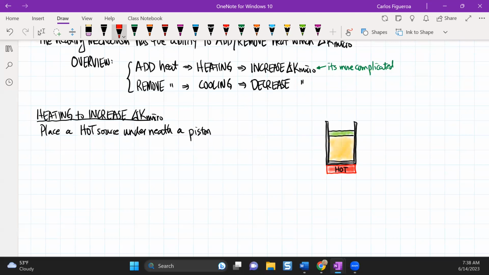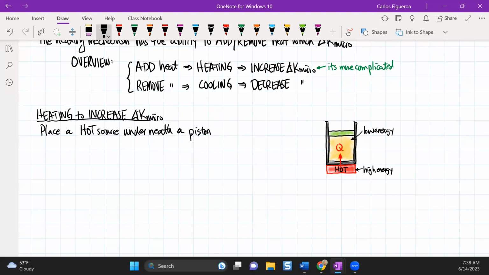So heat is going to come from the hot plate into the gas. The reason is that the hot source is at a high energy, and the gas is at a low energy. Therefore, the direction of heat flow is going to go into the gas.